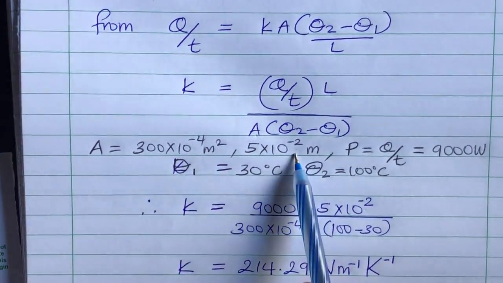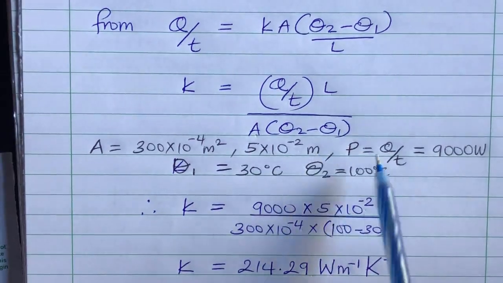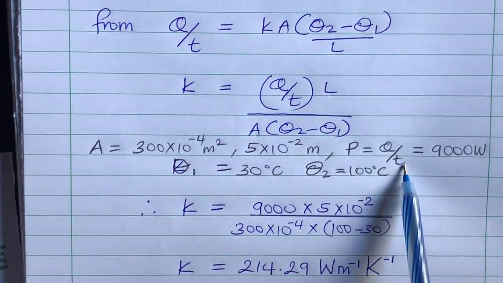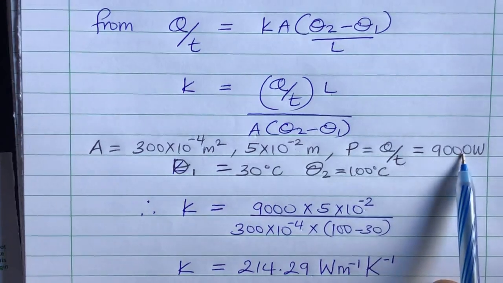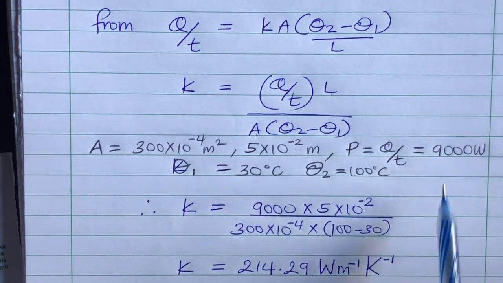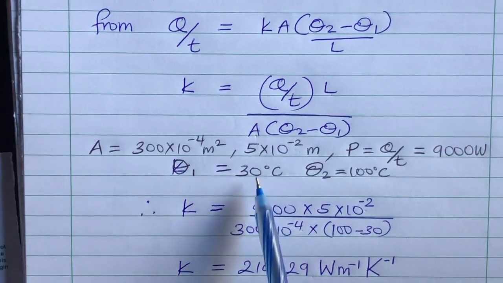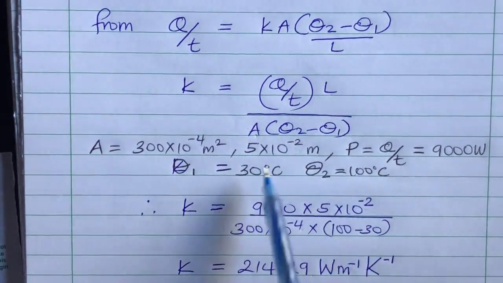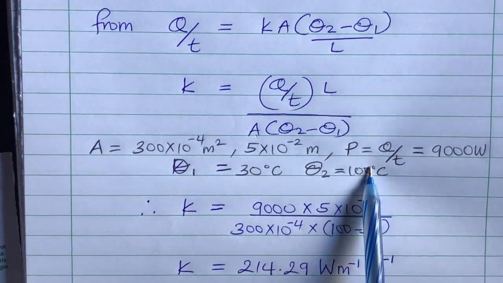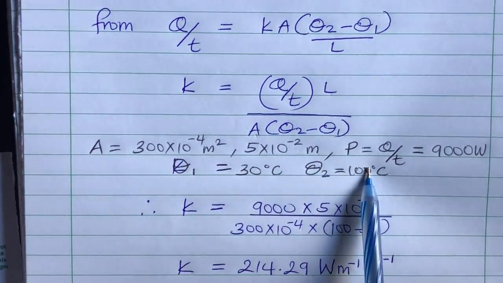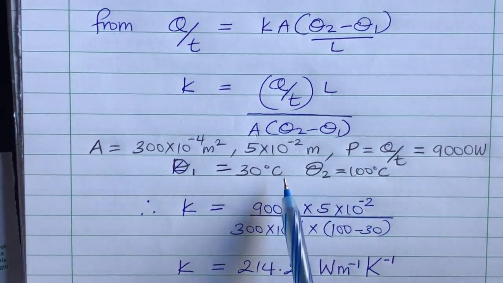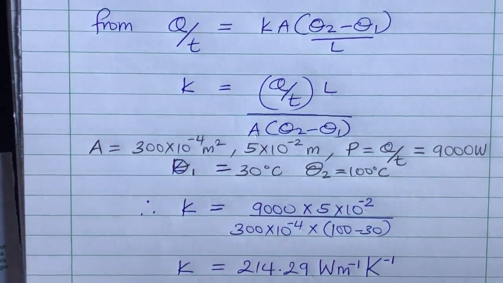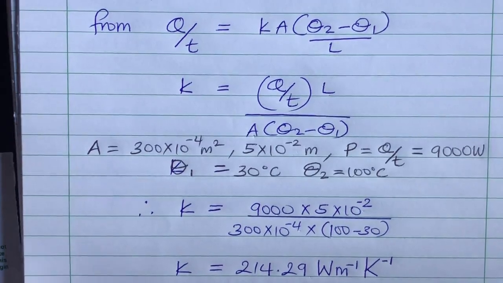The length was in centimeters, we converted. The power or the rate of heat flow was in kilowatts, we converted to watts. So why are we not converting the temperatures to Kelvin? It's because the difference remains the same, whether you convert or not. Otherwise, let us go to our second example.